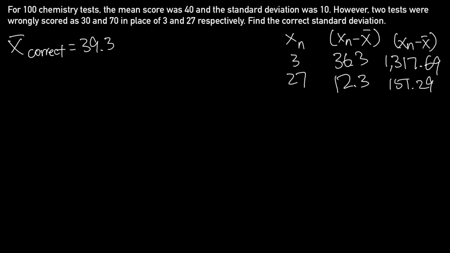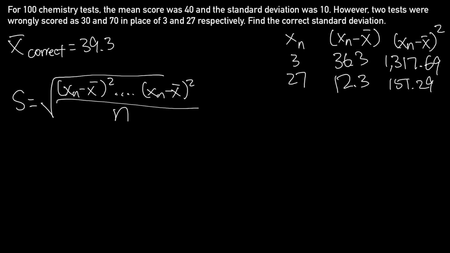Now, before we can move on, we still need to find the incorrect sum of the difference between the term and the mean, squared. Since, in the formula for standard deviation, you need to find the sum of this squared for all the terms.